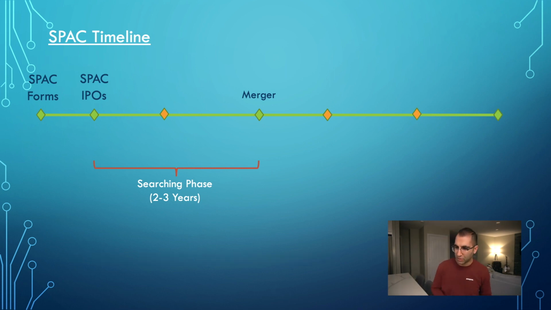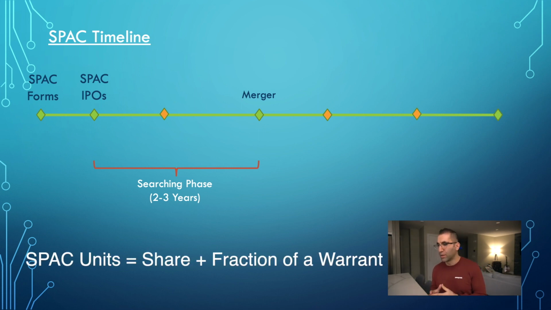Now, after an IPO, the SPAC is trading units, which is made up of a share plus a warrant, or a fraction of a warrant. Again, we'll get into what warrants are a little bit later, but 52 days past the IPO, this is also stipulated in the S1, the units, shares, and warrants begin to trade separately. Okay, so now let me talk a little bit about warrants.